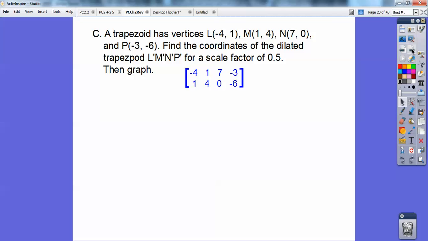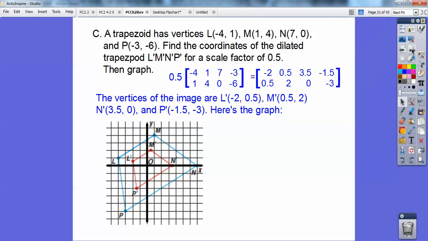Now I'm going to multiply all those numbers by 0.5, and it gets me this right here. So there are my vertices of my new matrix, L prime, M prime, N prime, and P prime, x, y, x, y, x, y, x, y. And then there's the graph of LMNP, and then the dilated one with the scale factor of a half inside.